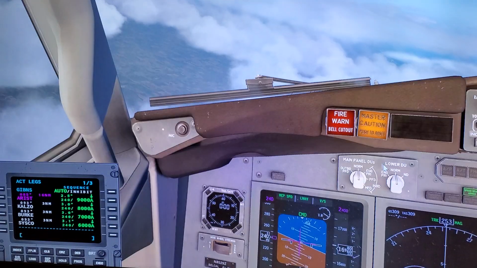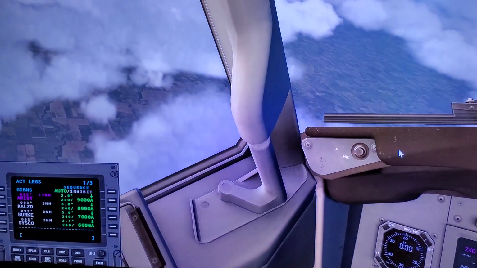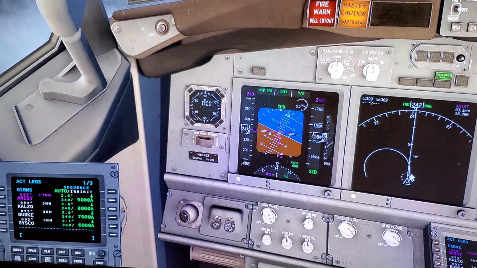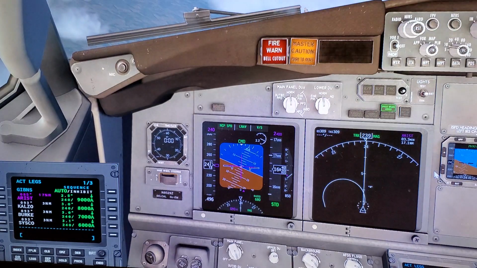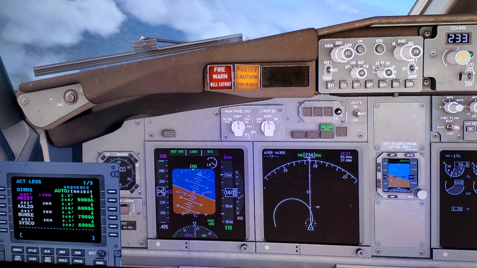Yeah, we start the turn. So basically now we are on the right path. This turn was very important. I really wanted to be sure I was going to have this turn.